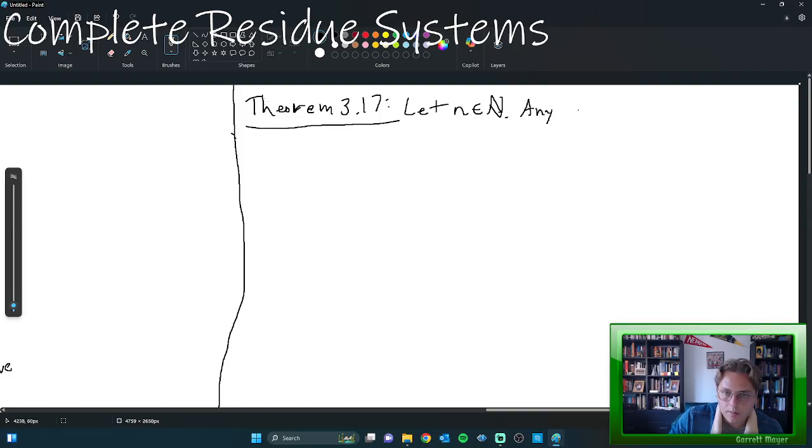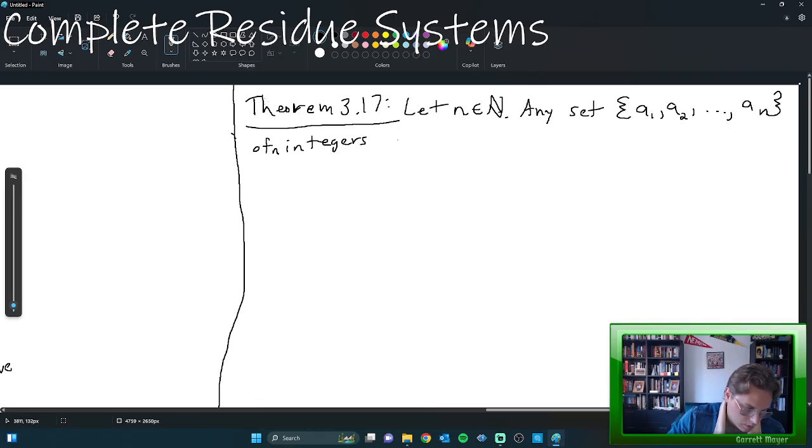Any set a1, a2, ..., an of n integers for which no two are congruent is a CRS mod n.